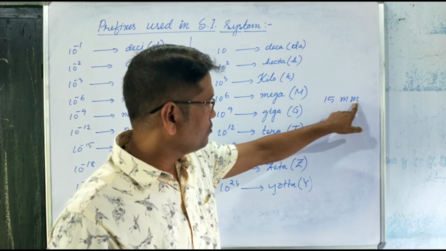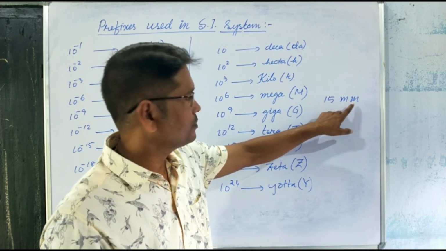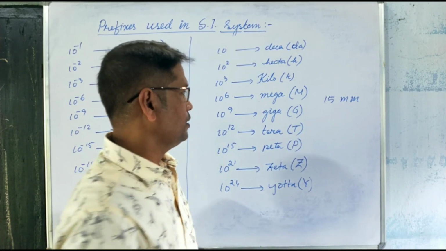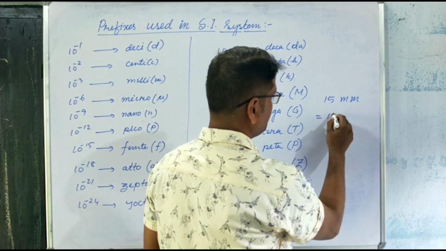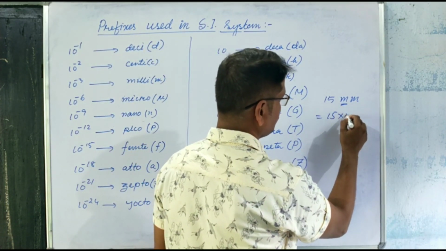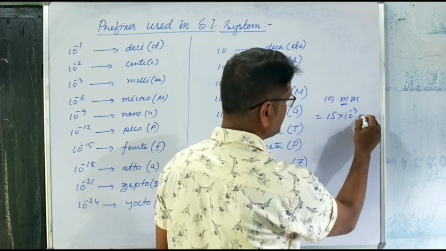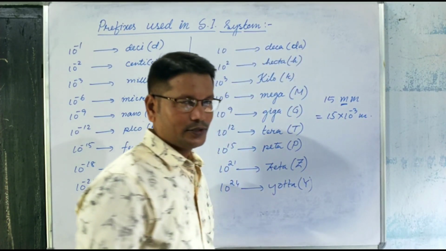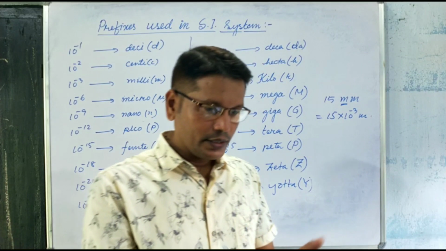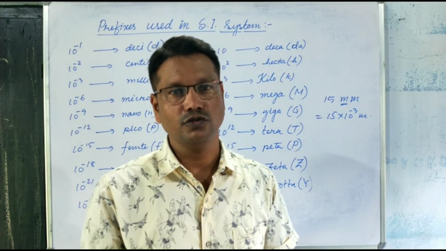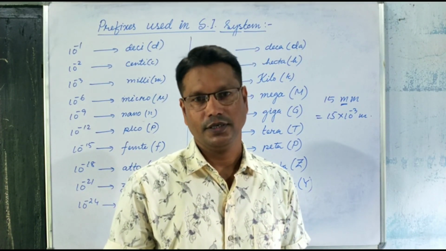So in millimeter, milli is the prefix, meter is the unit. So you can write 15 into, milli means 10 to the power minus 3 meter. So this way we can convert units with the help of prefixes.